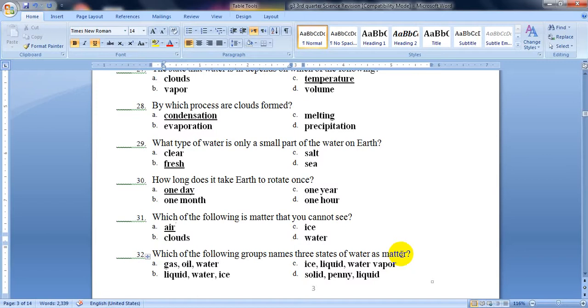And when water is solid, we call it ice, and most of the time it is liquid as we drink it, and when it is in the shape of a gas, it's called water vapor. So the answer here will be letter C, ice, liquid, and water vapor.